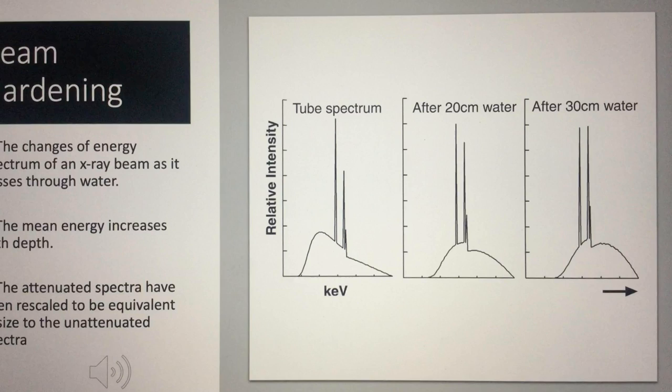As you can see, the shape of the spectrum shifts, the peak of this particular curve, towards the right side as the X-ray passes through 20 centimeters of water or 30 centimeters of water, assuming that 20 centimeters of soft tissue is proportional to the patient size, which automatically hardens the beam.